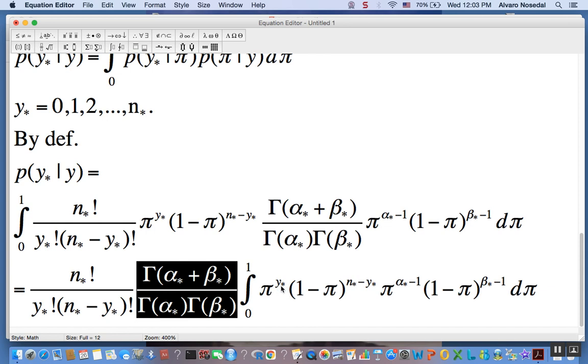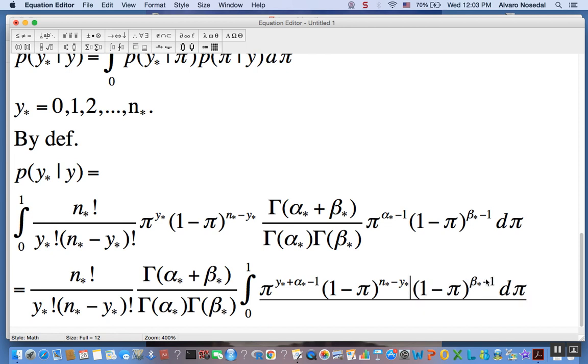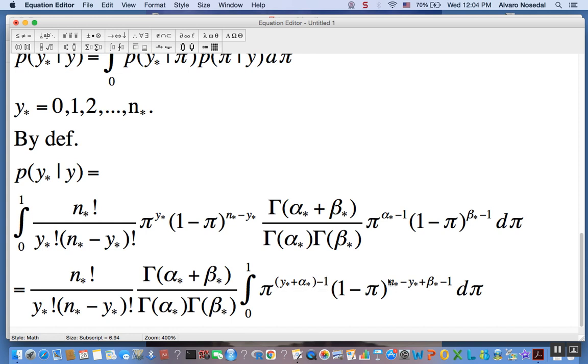So instead of pi, what we're going to be doing is pi to the power y star times pi to the power alpha star minus 1. Well, we could combine those terms, right? So that's plus, right? So we don't need that one anymore. Let's combine these. Okay? Plus, right? Makes sense? Yeah? And now we don't need this one anymore. So let me use brackets here.